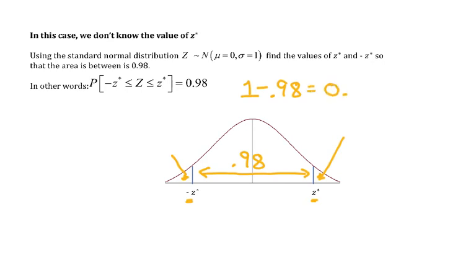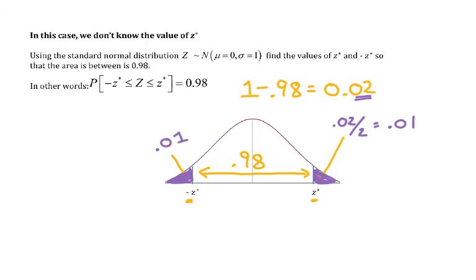That is 0.02. So this area, maybe I'll try to shade this in purple. This little tail over here is the same size as this little tail over here by symmetry. The two purples together have to add up to 0.02. So this is 0.02 divided by 2, which is 0.01, and this is 0.01.